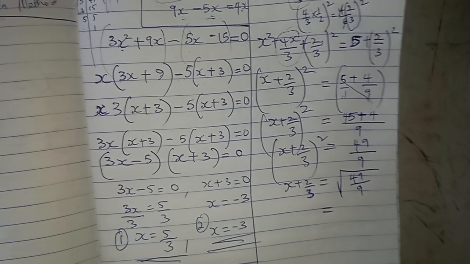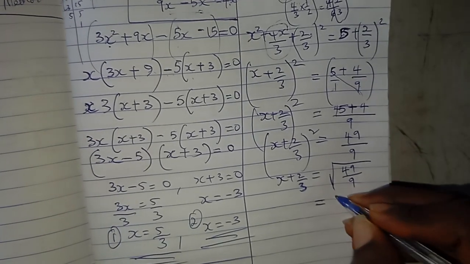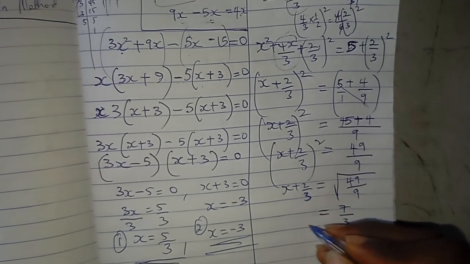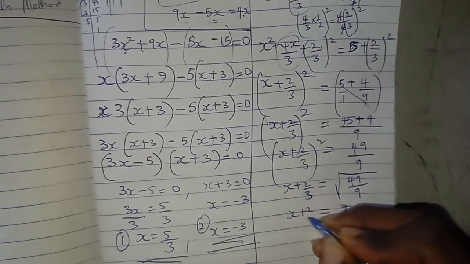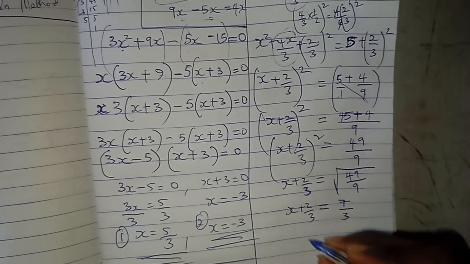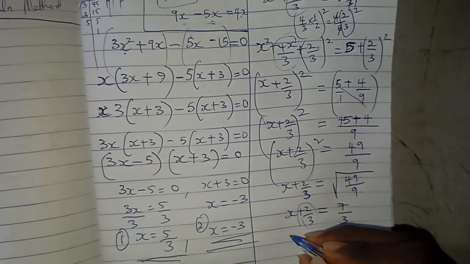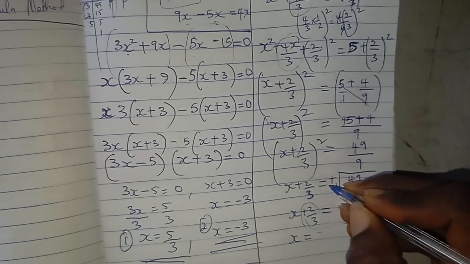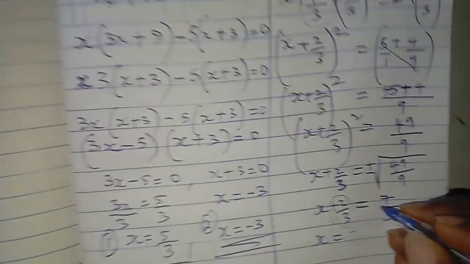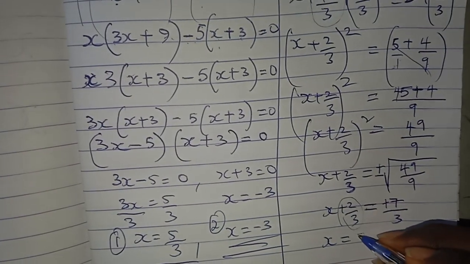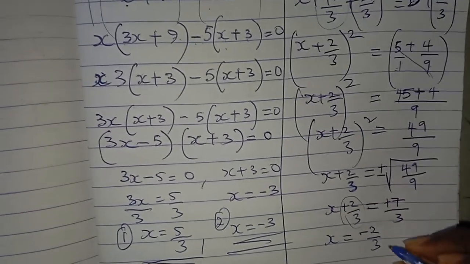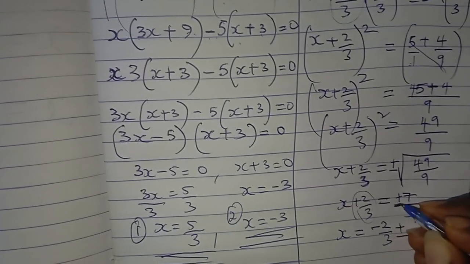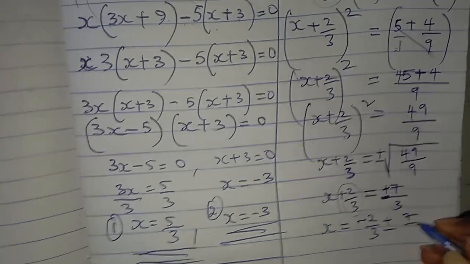Root 49, yes, 7, all over 3. Then x plus 2 over 3. So everything crossing the equality sign, x equals, and remember that when we did this, it's supposed to be plus and minus, so this becomes minus 2 over 3 plus or minus 7 over 3.